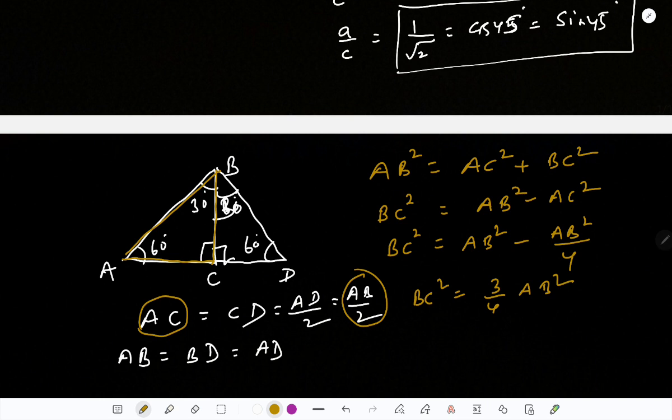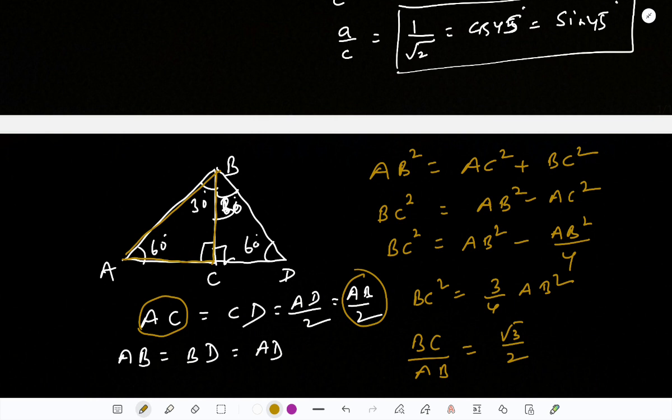And what you get here is BC upon AB is simply root 3 by 2. We just did the same thing, applied the square root both sides, and we got BC upon AB equals root 3 by 2.